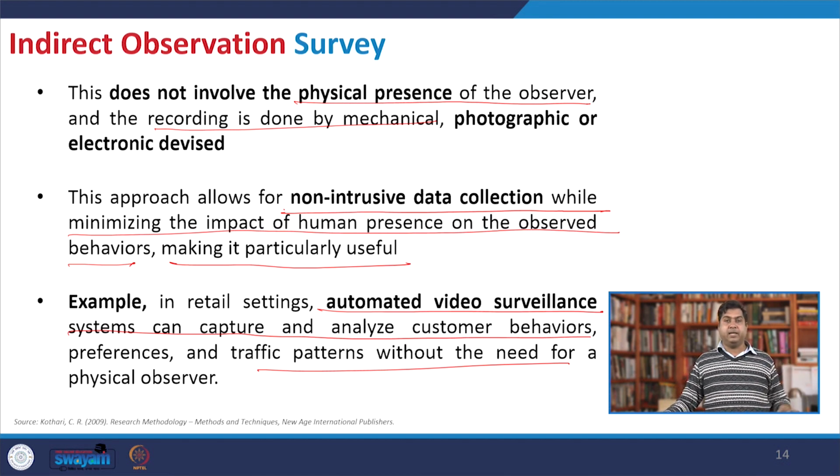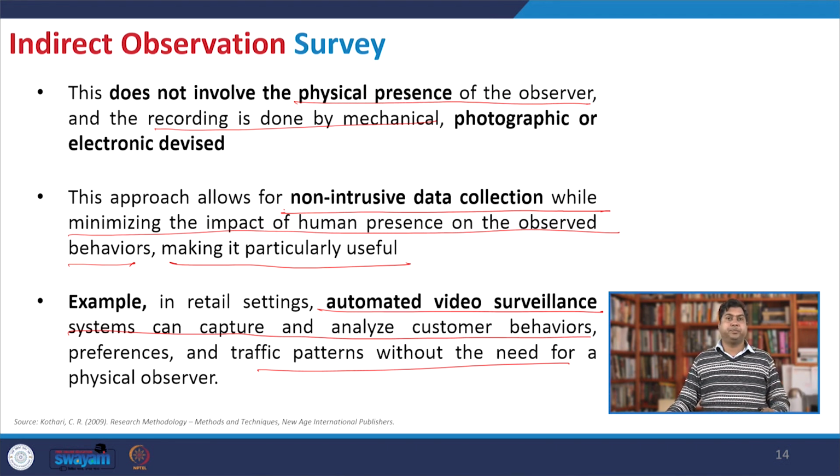So in that case there is no researcher or observer required to record the video, it is installed, mechanically it is recorded. Now for the analysis you can also have some kind of algorithm developed by which it can detect, or else you can have some manual intervention, but that may not be required in real time. So you can take a judgment.